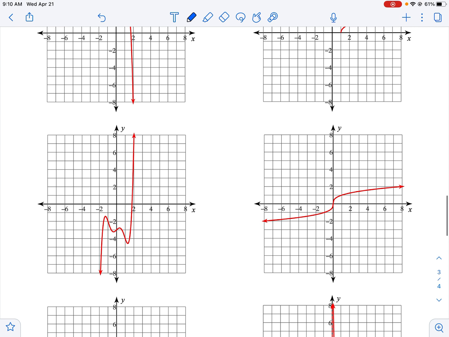And this one, it's the square root, but then we put another one this way. So this is actually our cube root, or cubic. Let's call it the cube root, which is y equals the cube root of x.